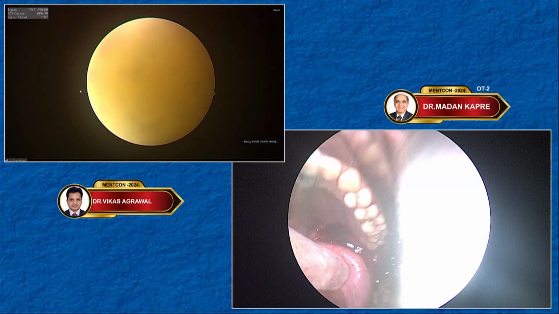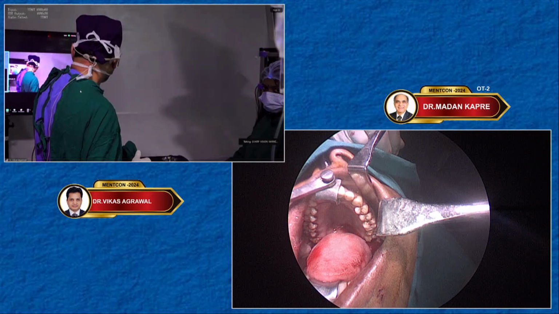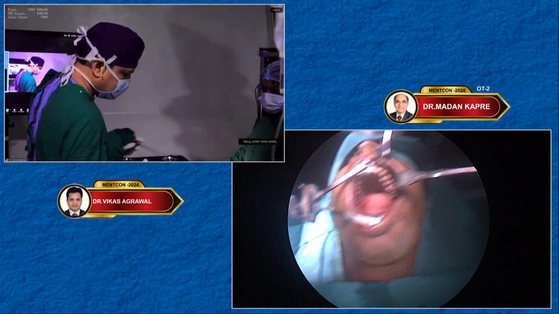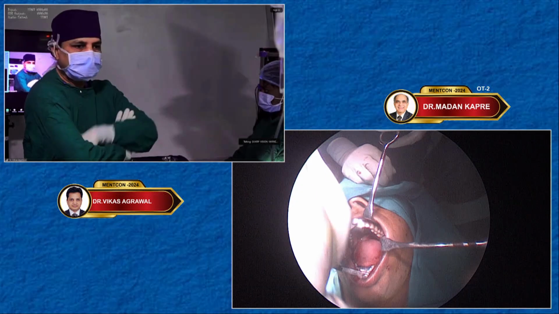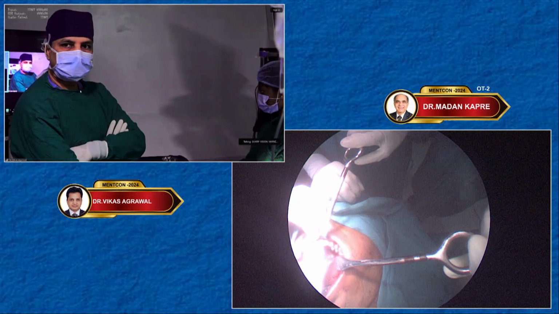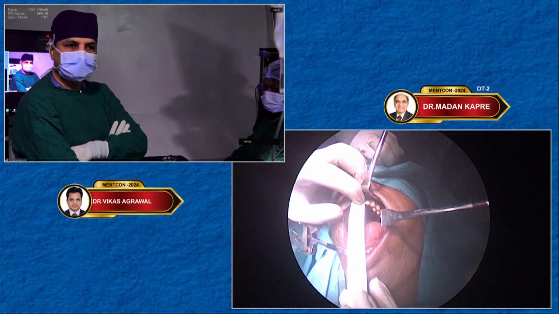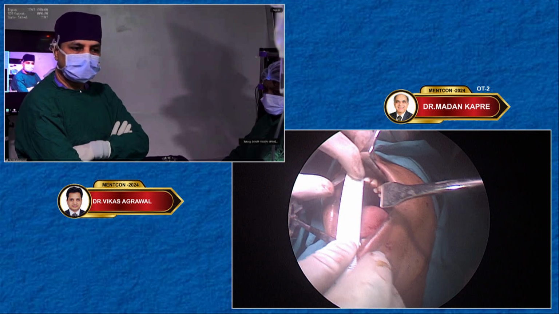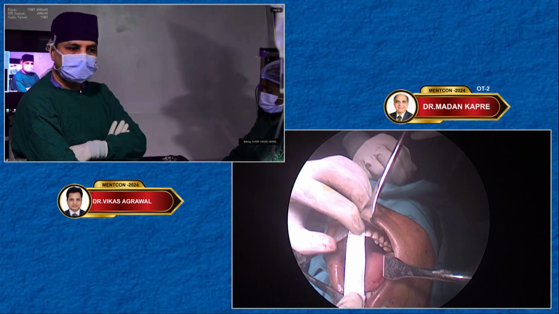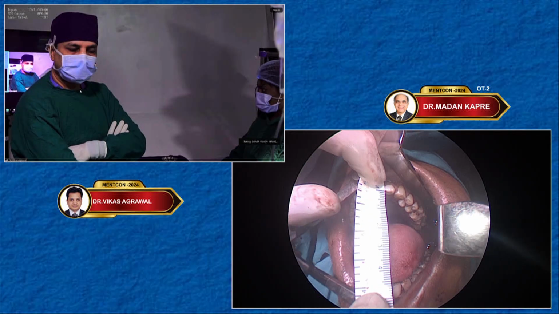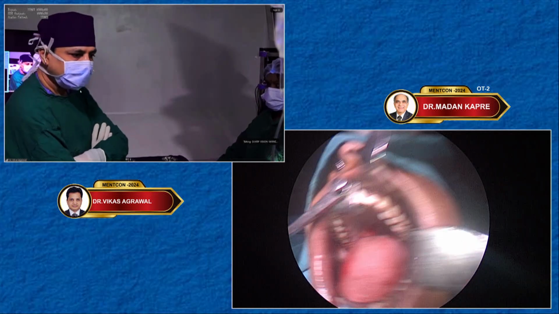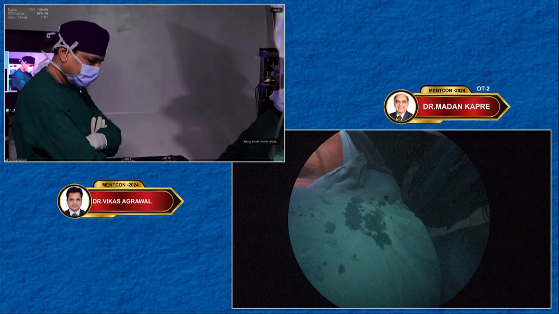Can I have the scale? So the mouth opening has come to almost 5. So that's what the target should be. If I keep it at 5 now, eventually maybe this is 4 fingers.